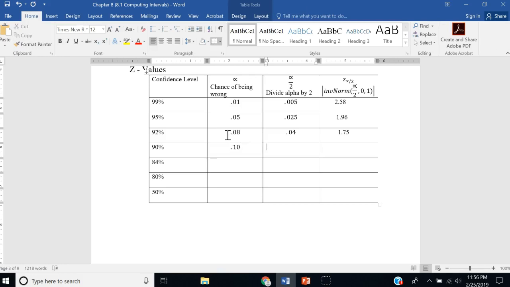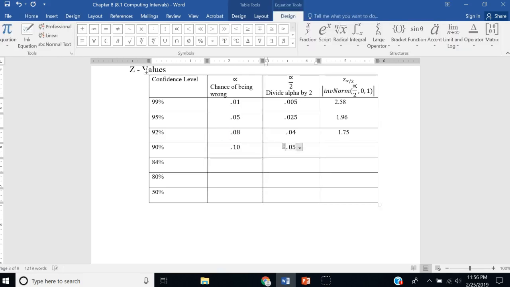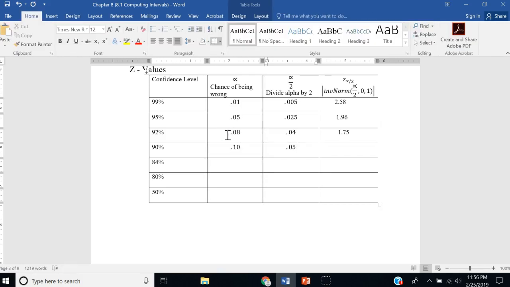That means each tail is size 0.05. When we do that, again, I'm rounding all these to 2 decimal places because that's what we do, right, on everything except for probabilities. So 1.64.